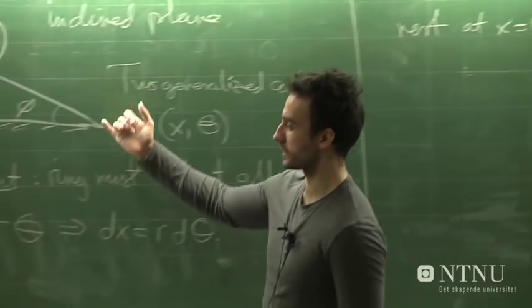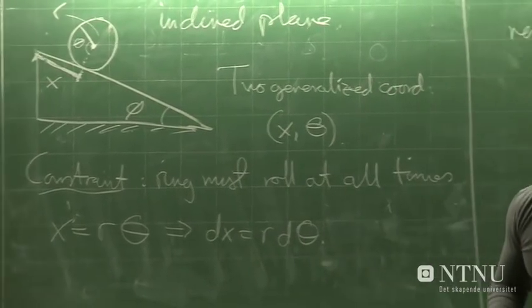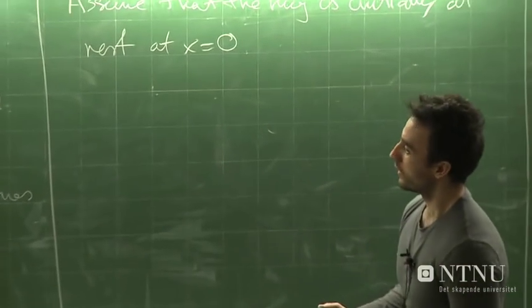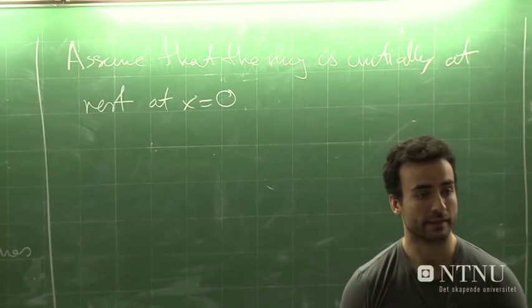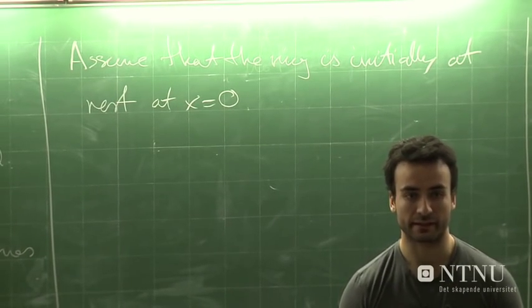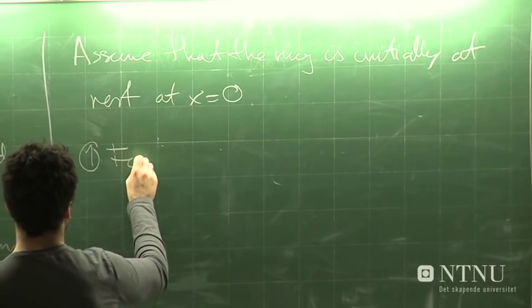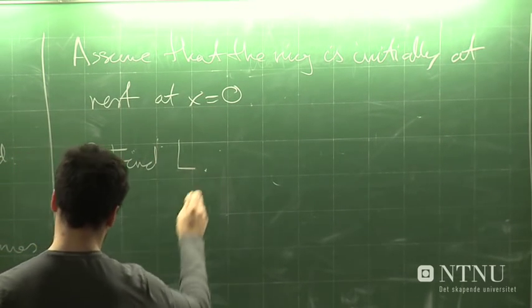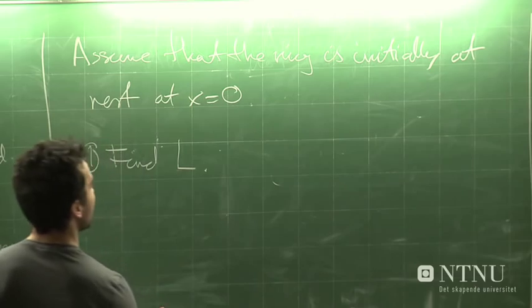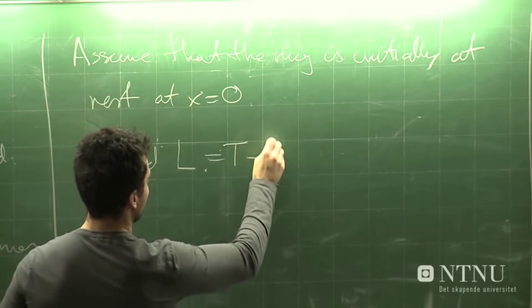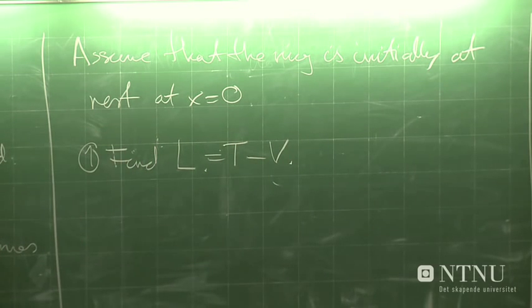The gravitational force can be written as a gradient of potential. Okay, so then we have to write down the Lagrangian. That's the first step. Find the Lagrangian. And for a conservative system, it's T minus V. Kinetic energy minus potential energy.